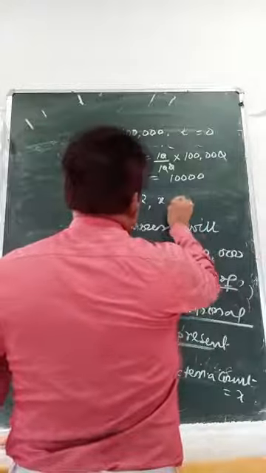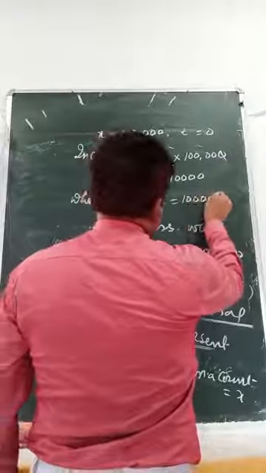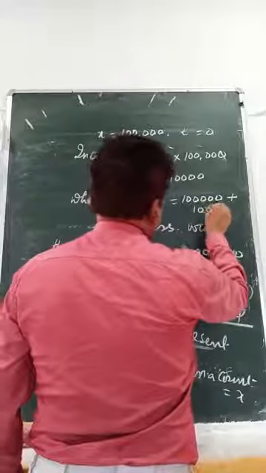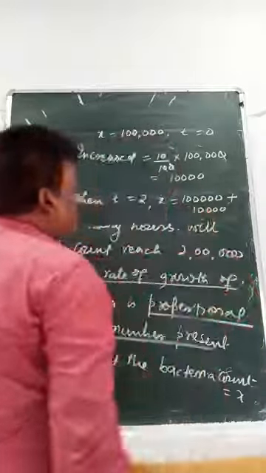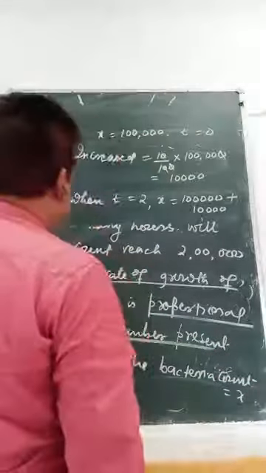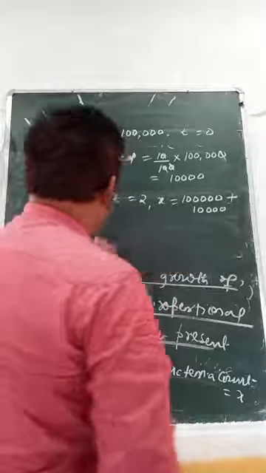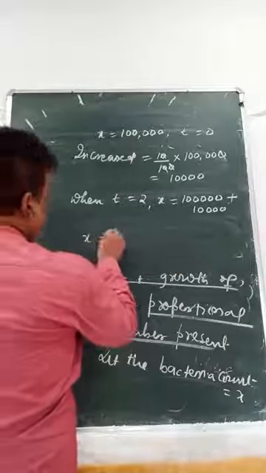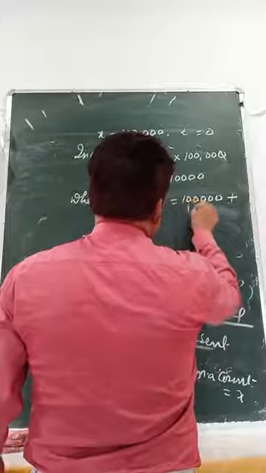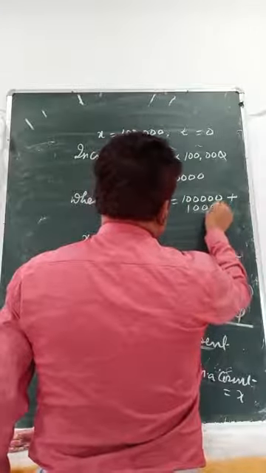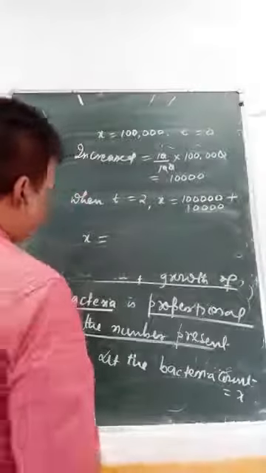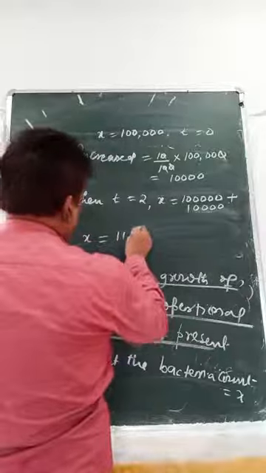X will be, initially it was 1 lakh, increased by 10,000. That means X will be 1 lakh 10,000.